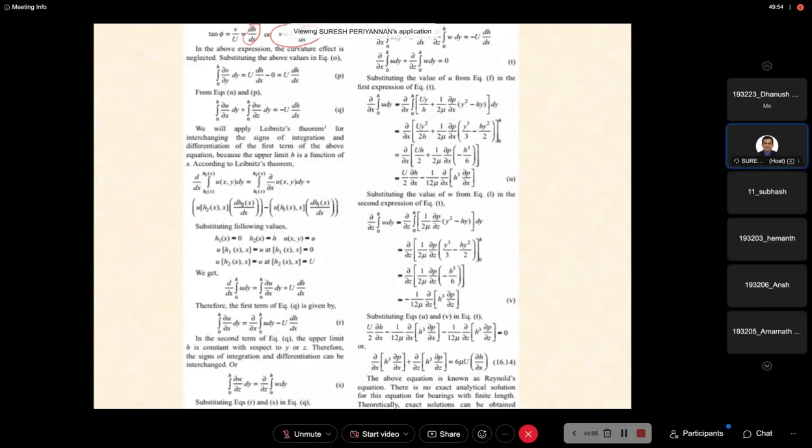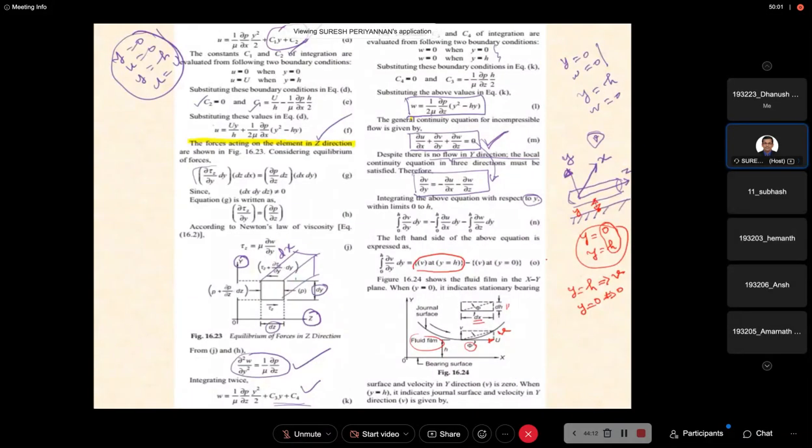Now substitute this equation, whatever we discussed, in equation O. Now this term is going to be 0.